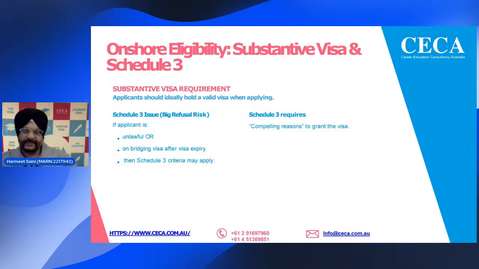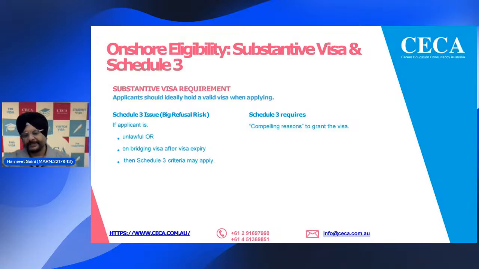Schedule 3 criteria means you have to satisfy the case officer why you are applying for this visa while you previously did not have any substantive visa status, and how compelling and compassionate your circumstances are.